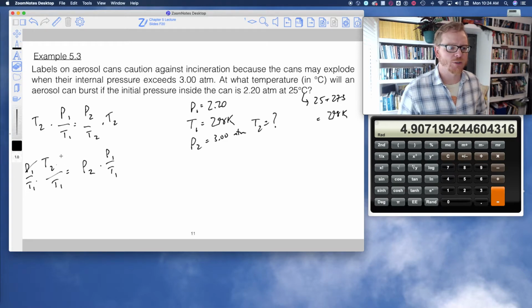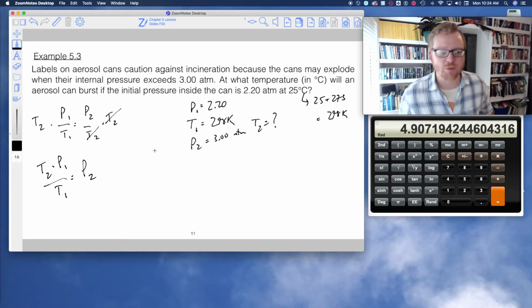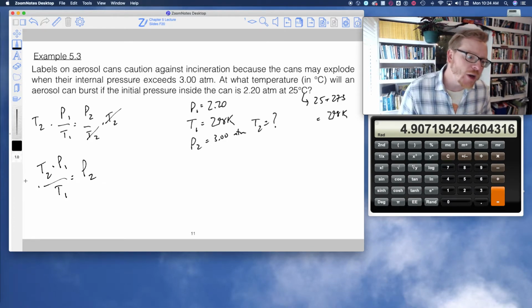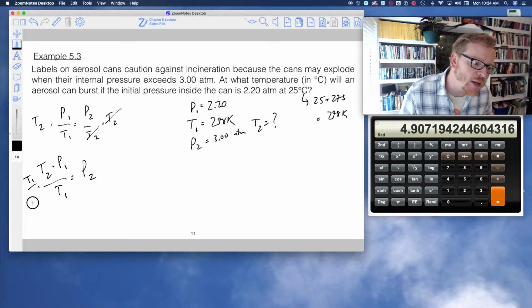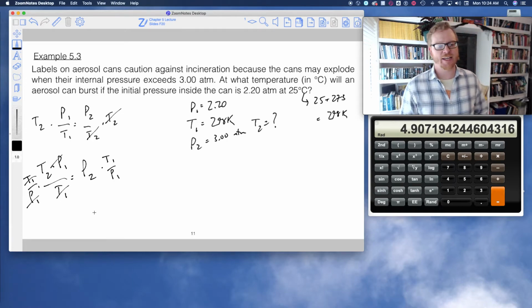Let's back up for just one second. Okay. So I canceled the T2 and the T2, right? So now I've got T2 times P1 over T1 equals P2. So remember, I'm solving for T2. So now I'm going to multiply by T1 over P1, both sides. Okay? So that cancels my P and my T. And now I know T2 equals P2 times T1 over P1.